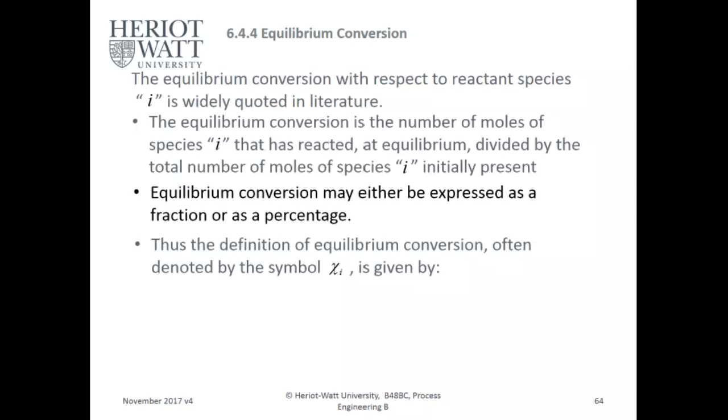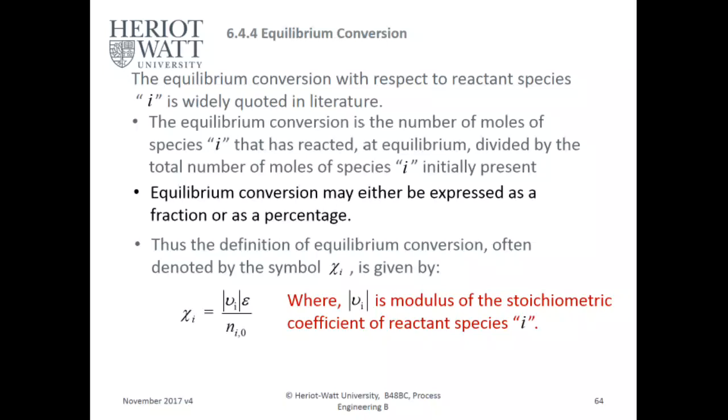The definition of equilibrium conversion is often denoted by the symbol xi, given by xi equals vi epsilon over ni0, where vi is the modulus of the stoichiometric coefficient of the reactant species.